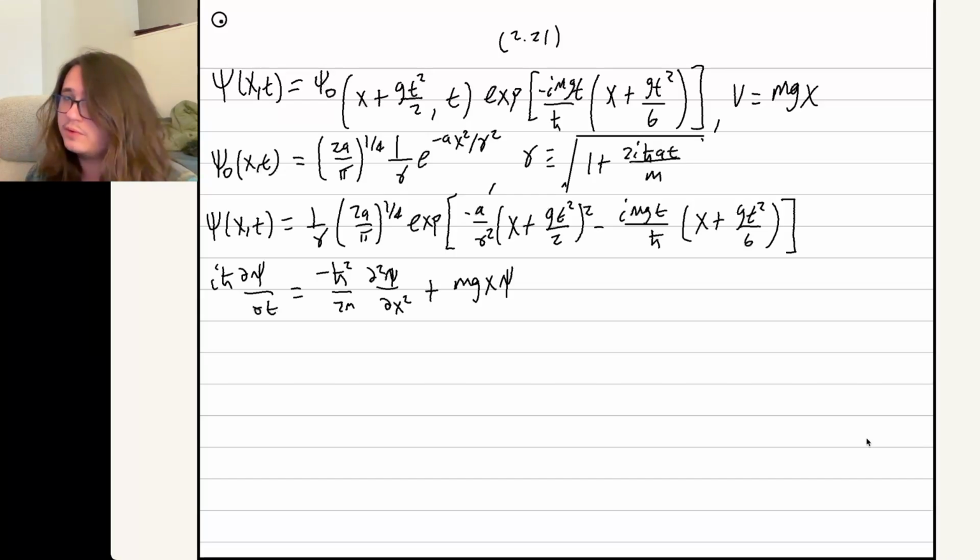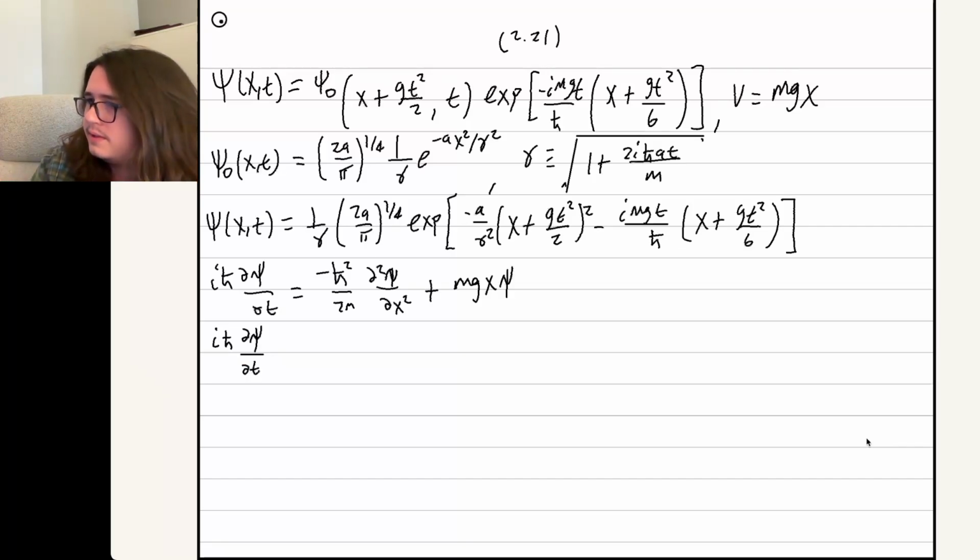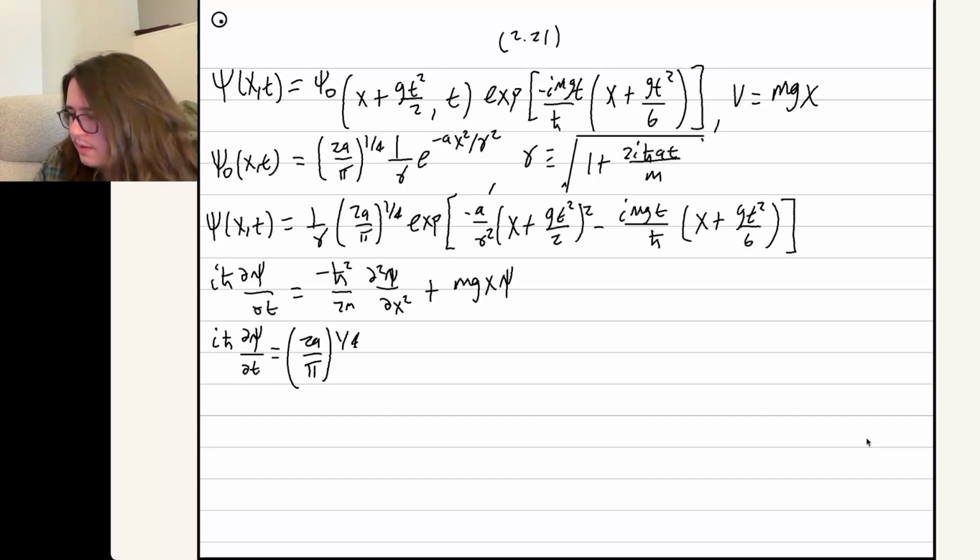I'm going to do the time derivative first, or I'm just going to do the entire left-hand side. First of all, i h bar del t of psi, and so that's going to be, just following through the product rule, (2a over pi) to the 1/4.